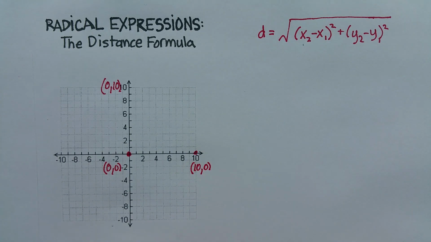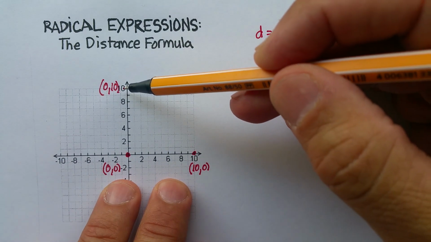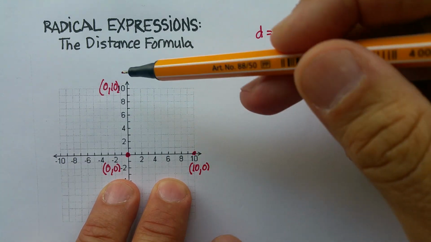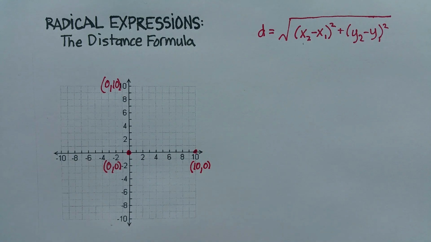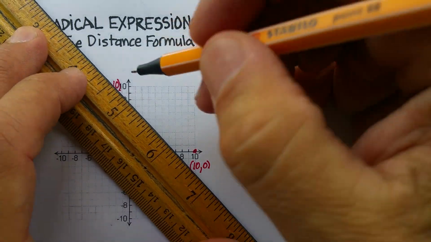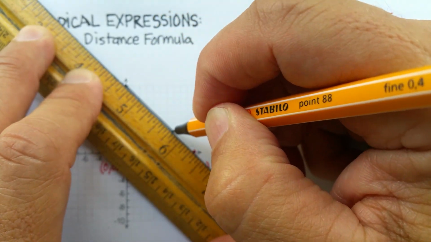But here's the question: what about the distance between this point and this point? Notice that it's on the slant, or the diagonal. Let me just draw that in here real quick. What is the distance between those points?